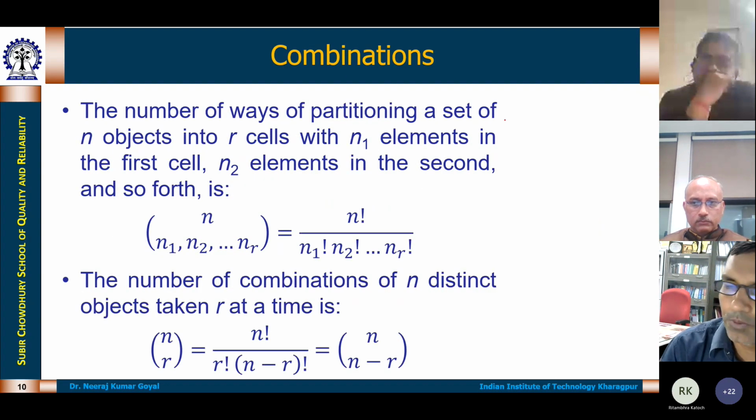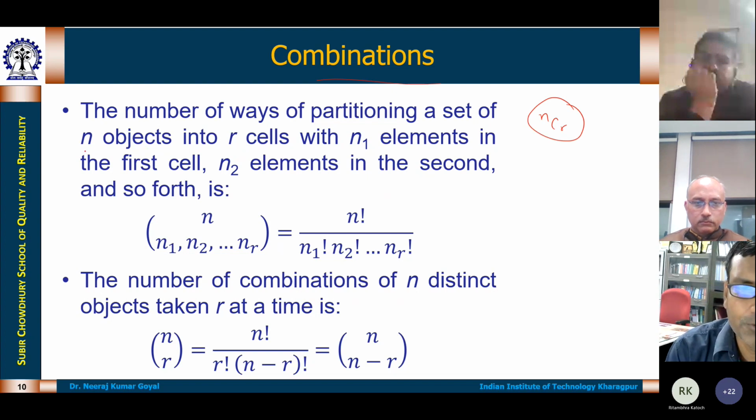Another concept which is more popular and used in reliability is the combination, nCr. In nCr, we are partitioning a set of objects into r cells. If we divide it into multiple cells, one set is n1, another is n2, and so on, where the summation n1 plus n2 plus nr will be n, right?